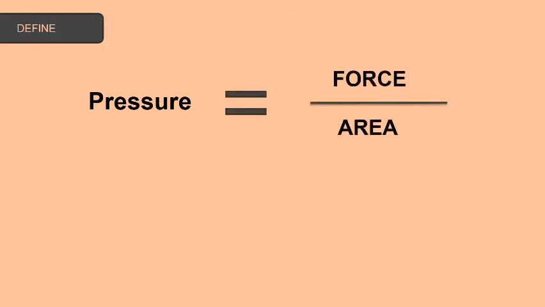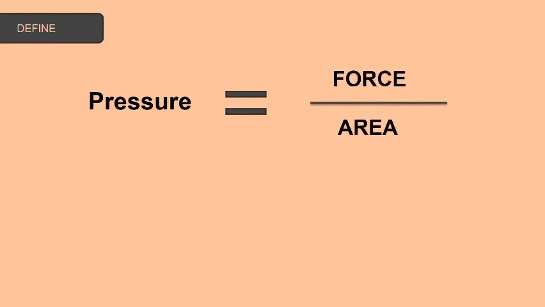We define pressure as the force acting on the surface of an object per unit area on which it is acting. It's easy. Force acting per unit area.